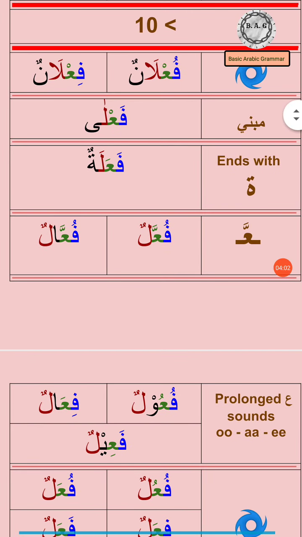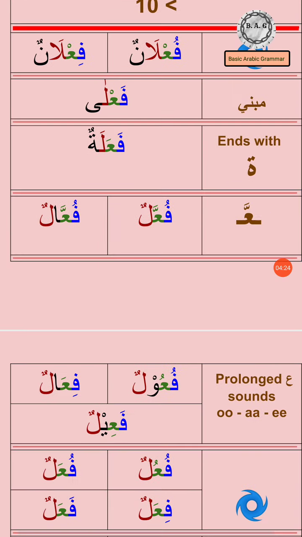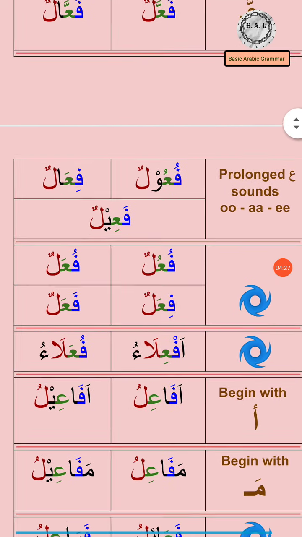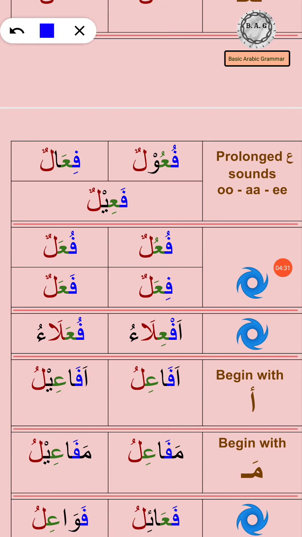Next pattern is the one that ends with a ta marbuta, and we have fa'alatun. Just one pattern. Then the next pattern is the one that has a tashdid on the second root letter, which is a. So we have fu'alun, fu'alun. Then the next patterns are the ones which have prolonged sounds.